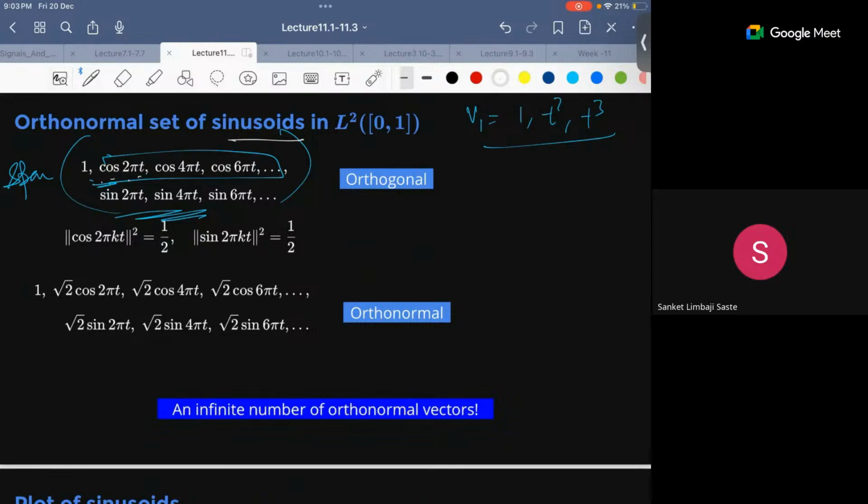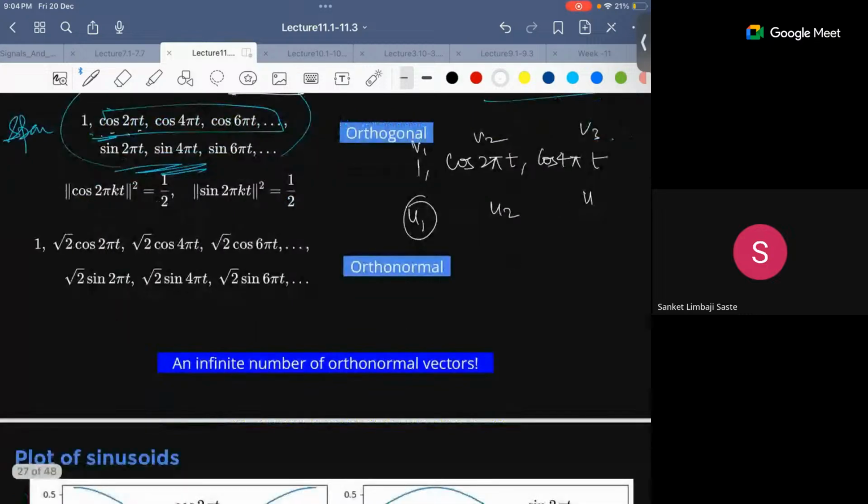So from 1, cos of 2 pi t, cos of 4 pi t, you can just think of these as v1, v2, v3, v4, v5, something like that. And now from the v's you have to get u1, u2 using the Gram-Schmidt method, the orthonormal basis. You have to make this orthonormal, right? And how do you do that?